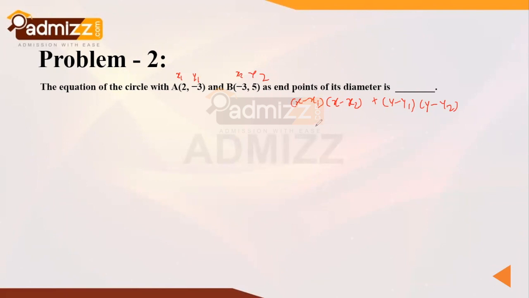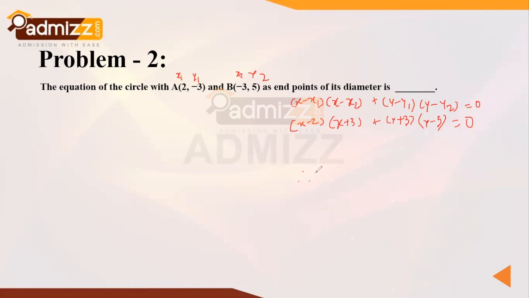A simple substitution of these values will result in the equation: (x - 2), and it is x - (-3), so it is ultimately (x + 3), plus (y - (-3)), so it is ultimately (y + 3)(y - 5). Now this is equal to 0.